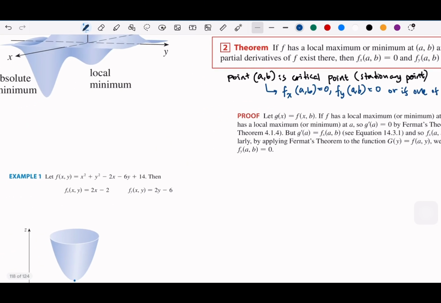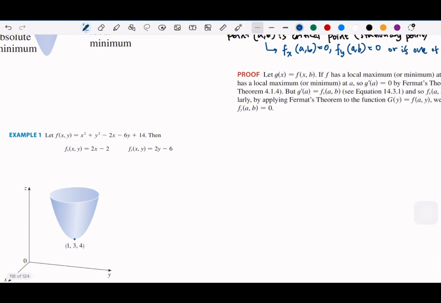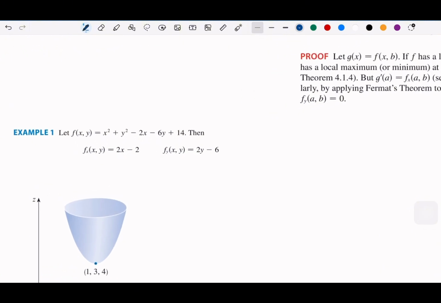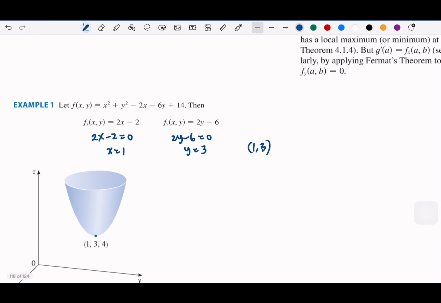Okay, and based on this, when we take this equal to 0, which means 2x minus 2 equals 0, so x will be 1, and then 2y minus 6, y will be 3. So the only critical point is this point, 1, 3, which is very clear.